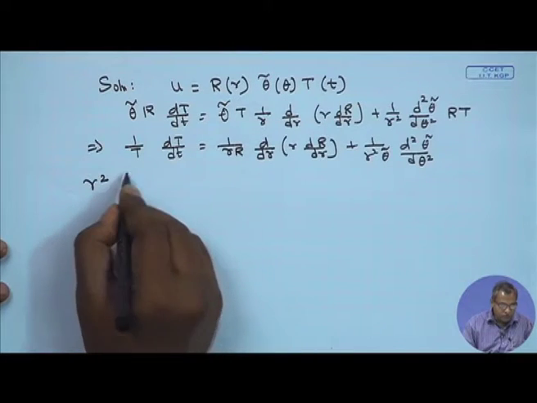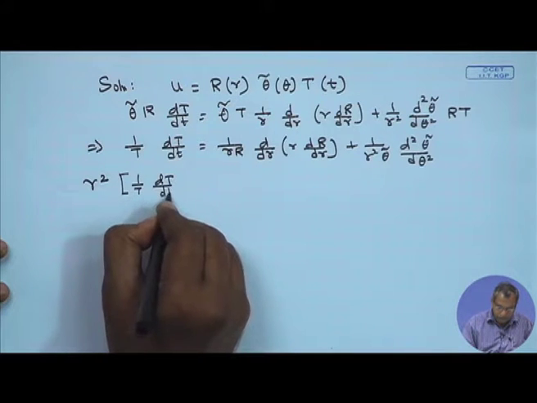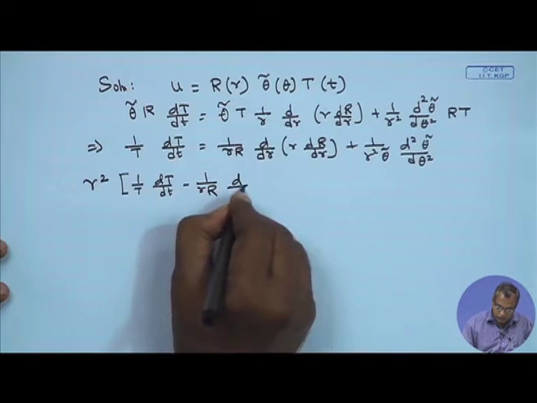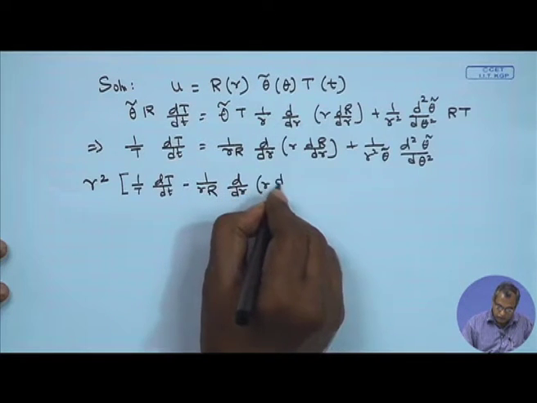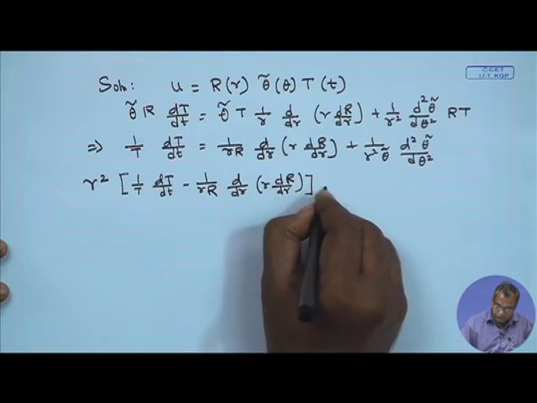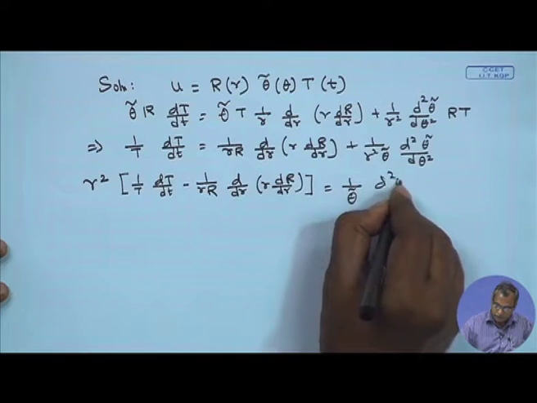Let us see what we get. We will be bringing the r varying part on the left hand side, and what we will be getting is r square 1 over T dT dt minus 1 over R r d dr of r dR dr is equal to 1 over theta hat d square theta hat d theta square.